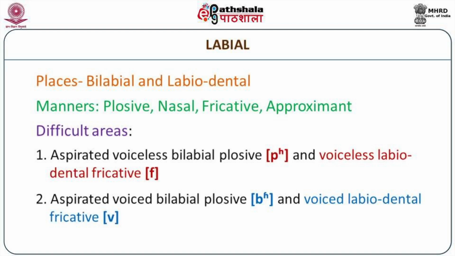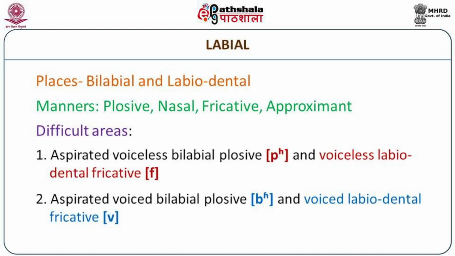Thus, in the speech of many languages such as Oriya, Bangla, Marathi, and so many others, normally the speakers tend to pronounce p and they find it difficult to pronounce f.